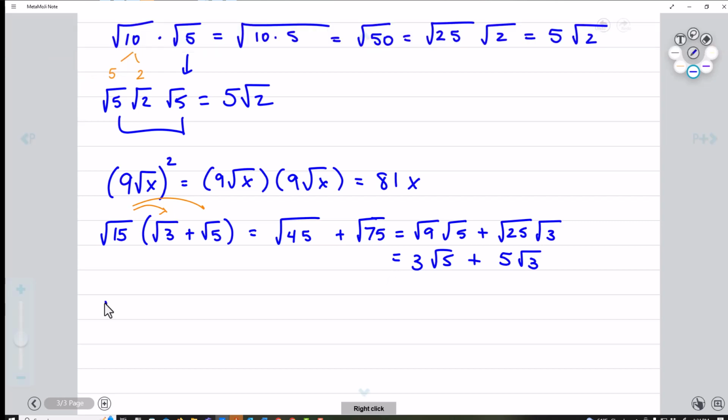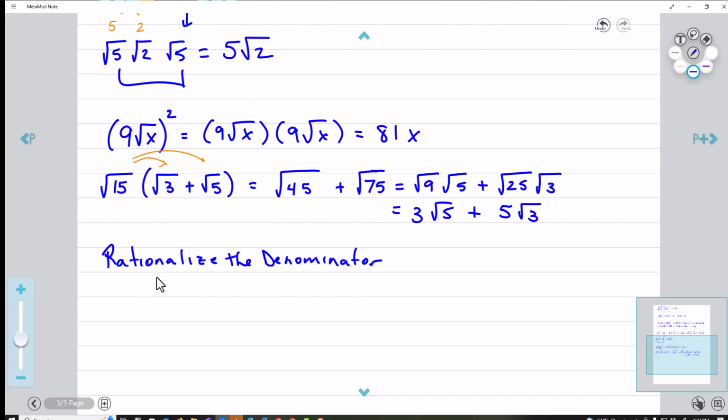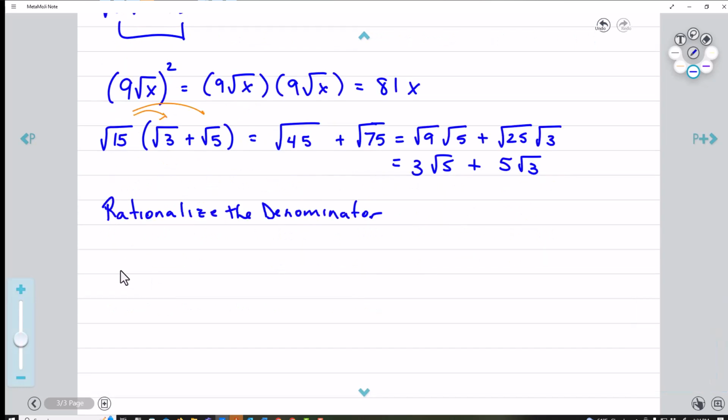A big thing that we like to do with radicals is called rationalize the denominator. And all this means is when we have a fraction, we do not want to keep a radical in the denominator for many reasons that will come later.